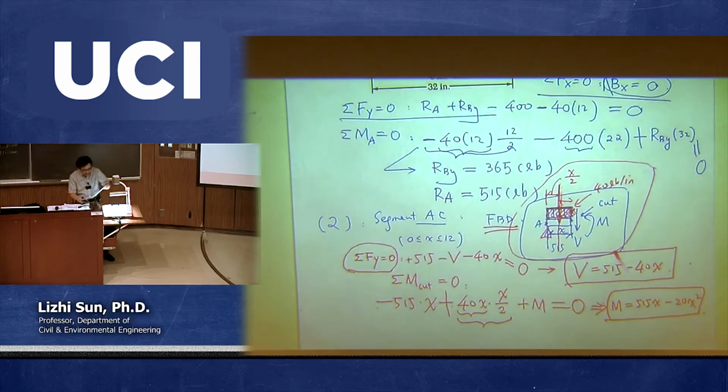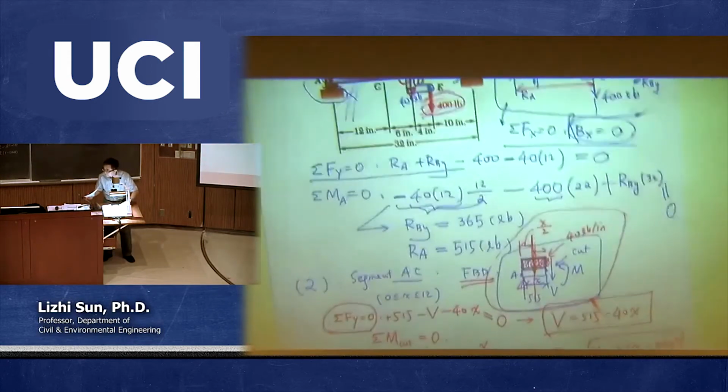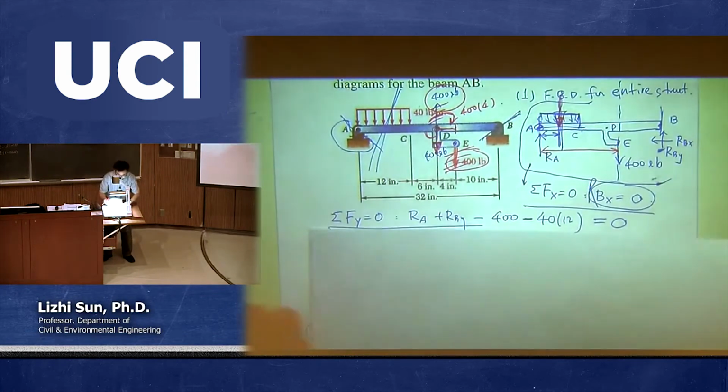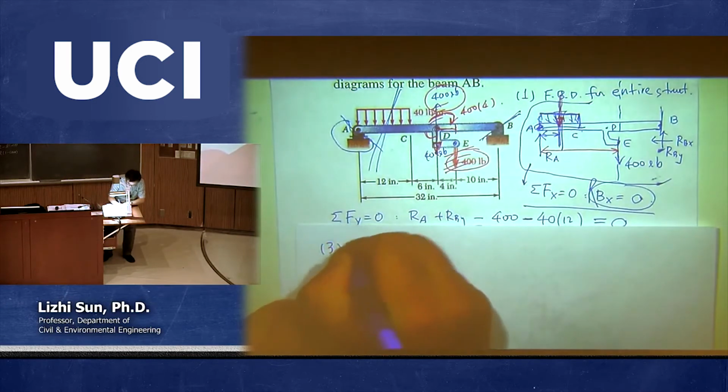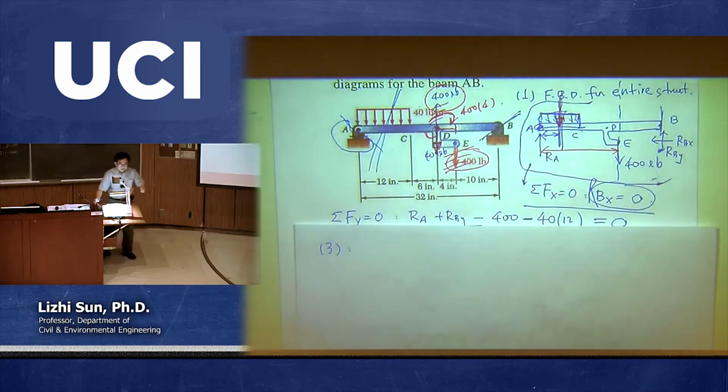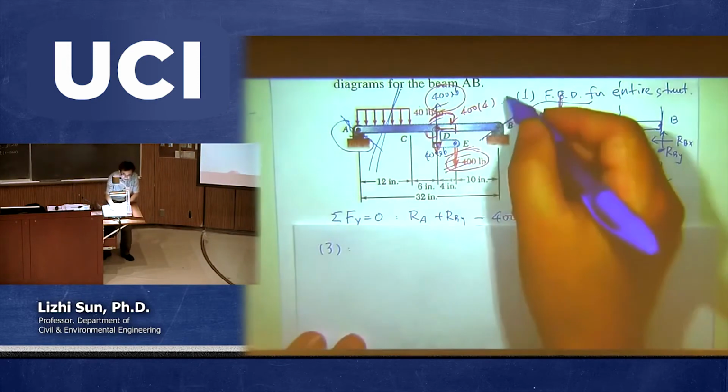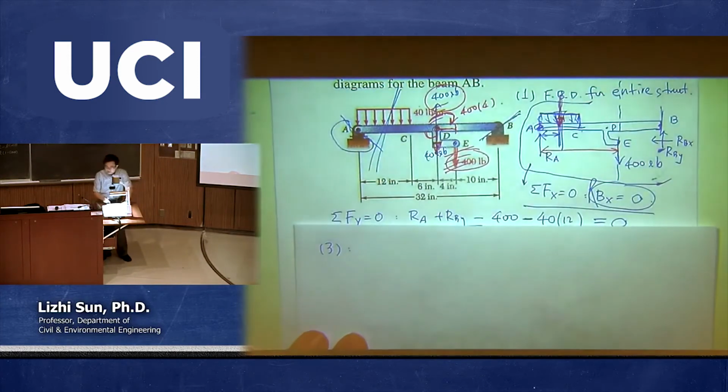Now we need to move to the next step, step number 3. Step number 3 is to make a cut between C and D. So again, every time you make another cut, you need to come back and look at the original picture, because the so-called cut is a virtual cut.